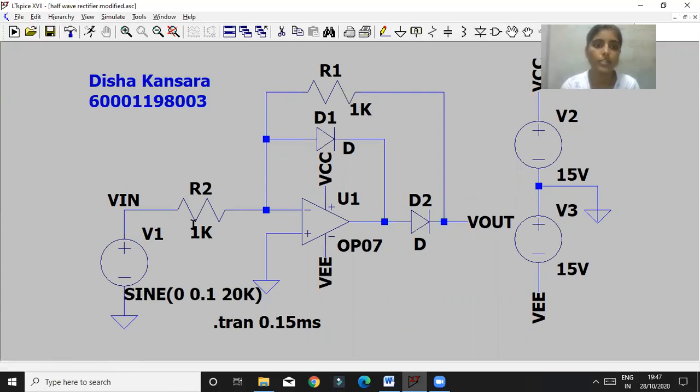My R2 is also 1K, and for Vin I gave a sine wave of 1.1 volts at 20 kilohertz, and for the voltage source VCC and VEE, plus and minus 15 volts.